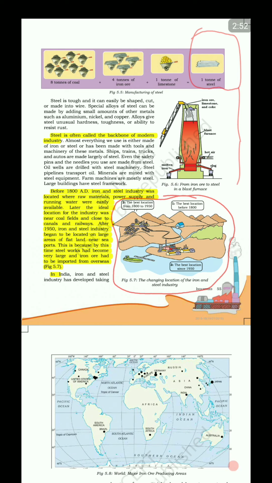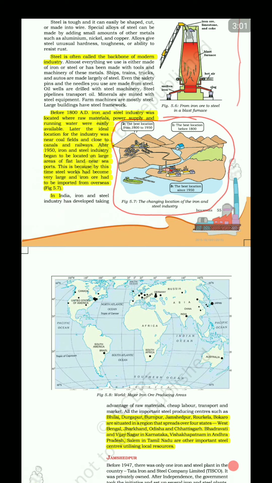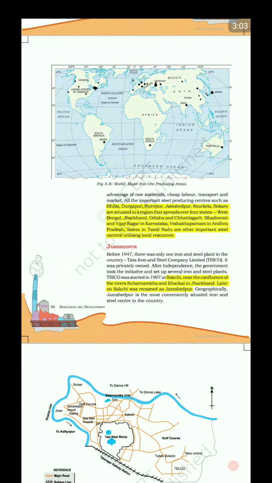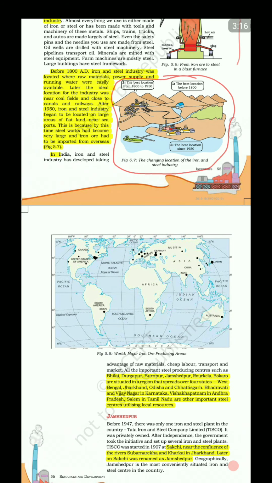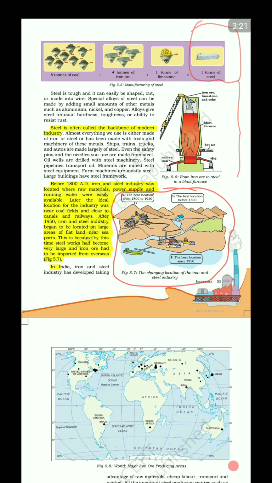For example, the Bhadravati steel plant is near the hydropower station, right? The Bhadravati steel plant in Karnataka is towards the western part, right? Because of hydropower. So with new technology and with the change of the power, we see that the iron and steel industry changes its location.